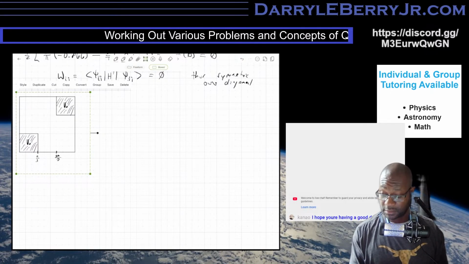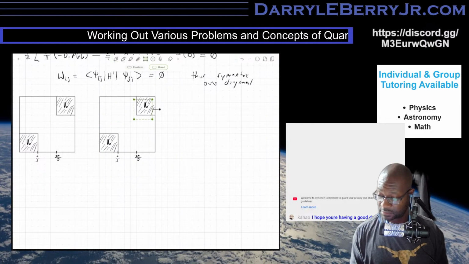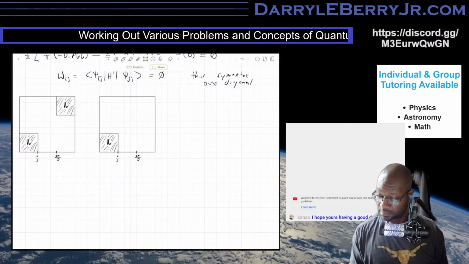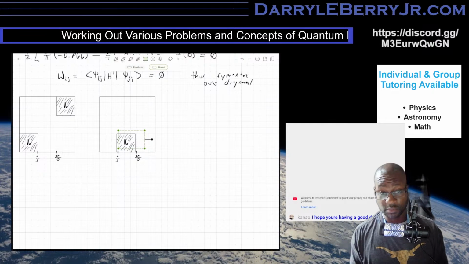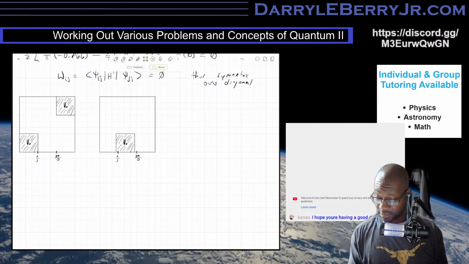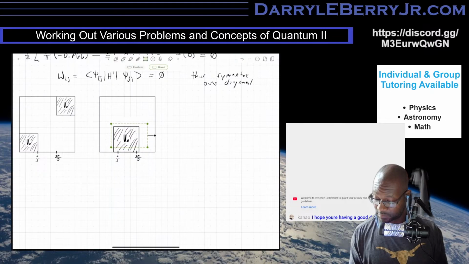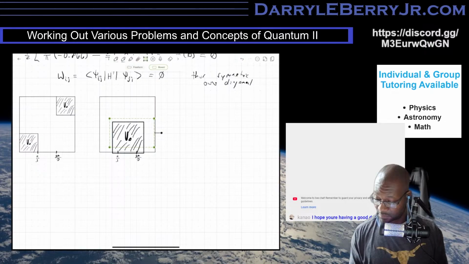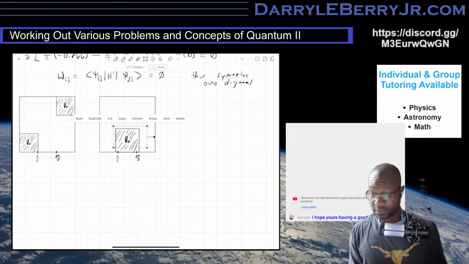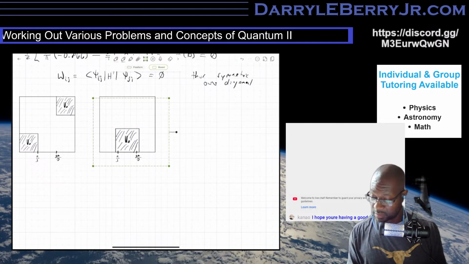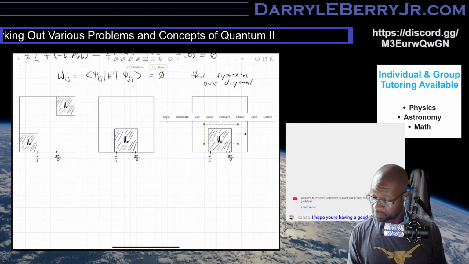I'll try this symmetry where the middle here is blocked off, but it's a bit like this. And I'll also do one where the perturbation is like this.